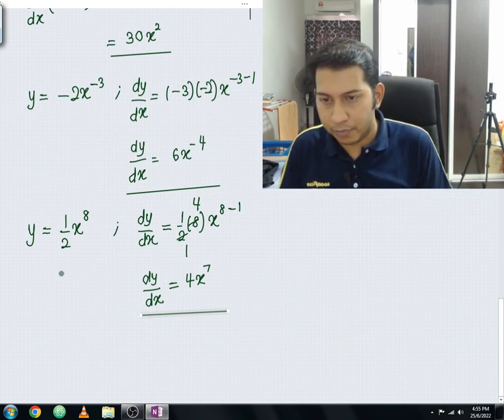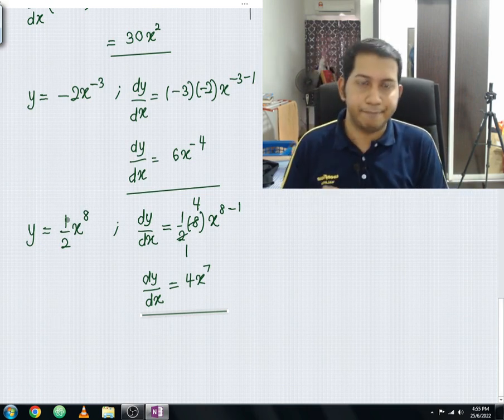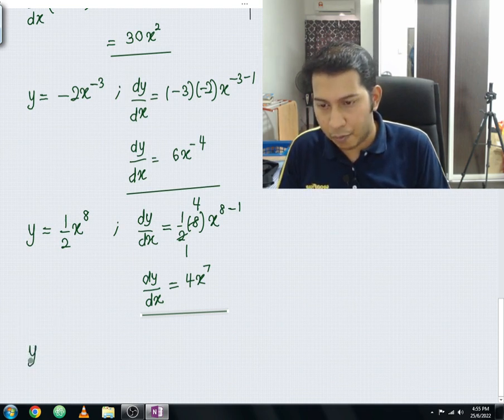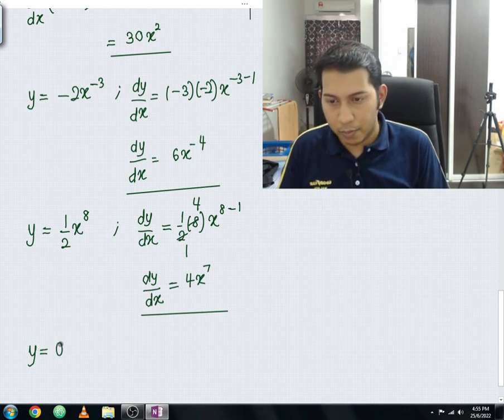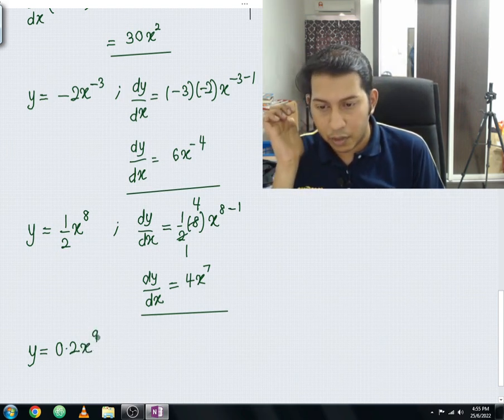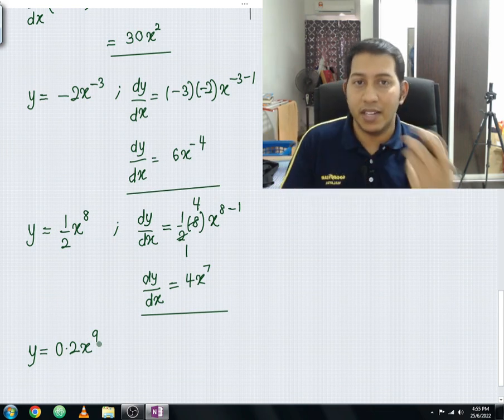Now we deal with fractions. Next we go for the decimal. Let's say you have y equals 0.2 x to the power of 9. What will be the dy over dx?